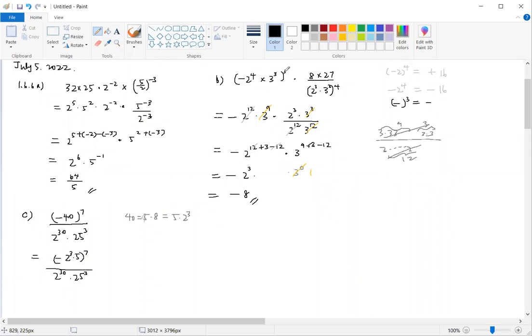Negative to the power of 3 means you have negative, negative, negative 3 times, so negative times negative times negative, the final answer is negative. Here, negative times itself 7 times, so at the end it is a negative number. So negative to the 7 is negative. 2 cubed to the 7 is 2 to the 21. 5 to the 7 is just 5 to the 7.